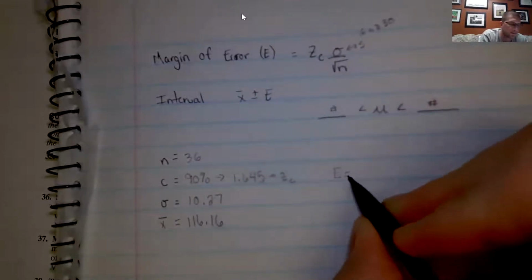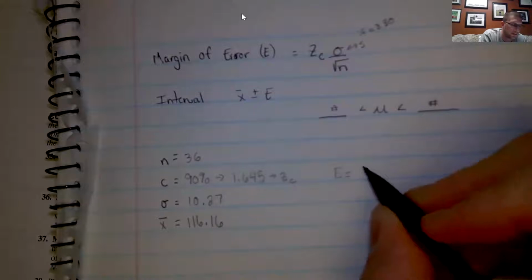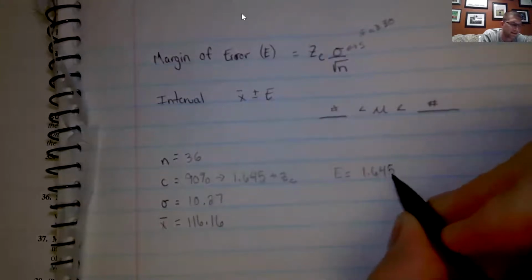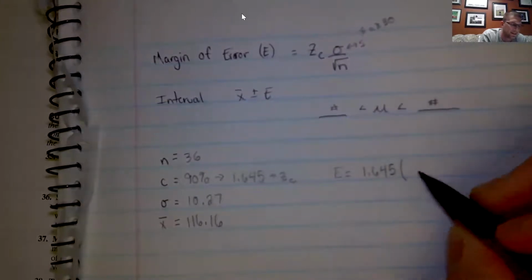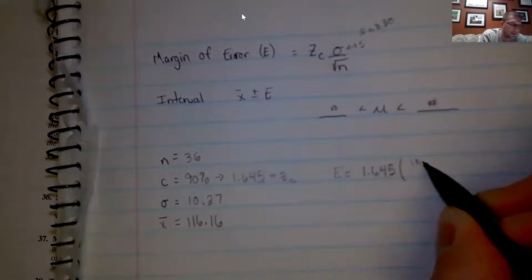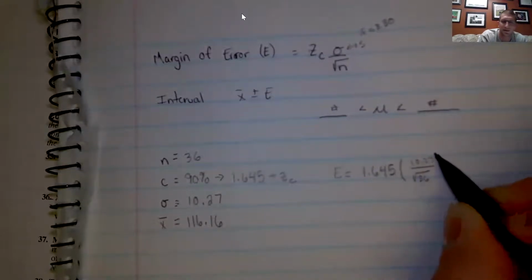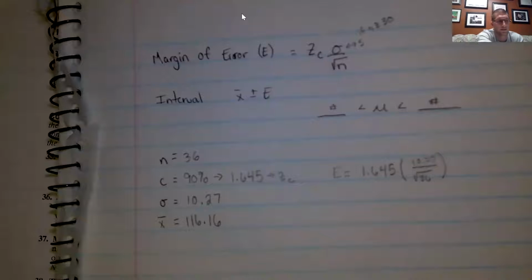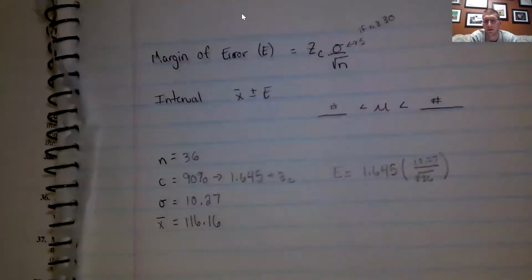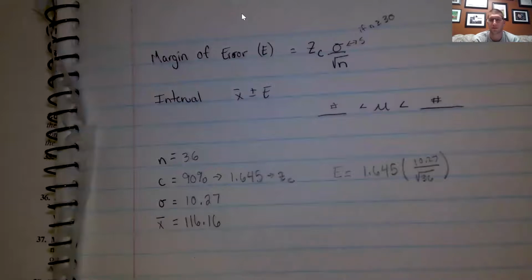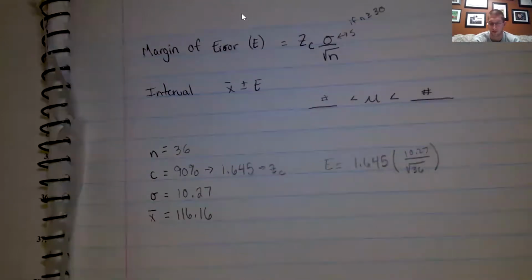Our margin of error is going to be equal to that 1.645 times the standard deviation, 10.27, over the square root of n, so over the square root of 36. All right, so that's how we start off. Then we're going to plug that into our calculator. So I'm going to use my TI-89 here. Otherwise, you can just use your phone calculator if you have to.